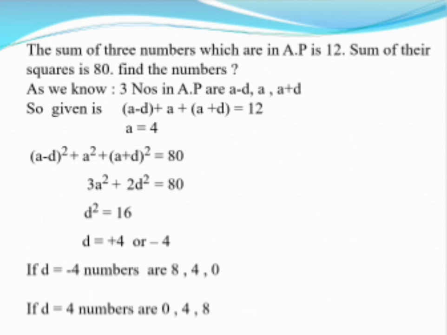I hope you will be able to solve the questions on arithmetic progressions based on the formulas given in this video, and also solve a few more examples on this topic so that you can easily solve the questions in competitive examinations with good speed and accuracy.